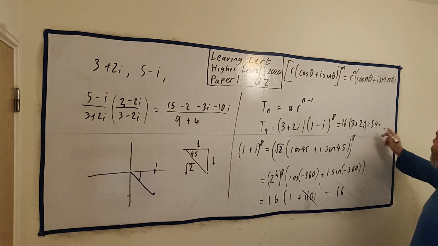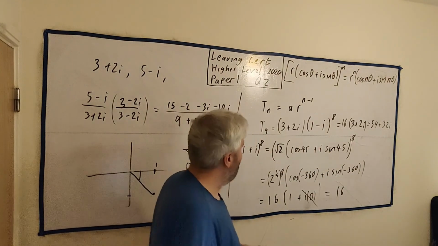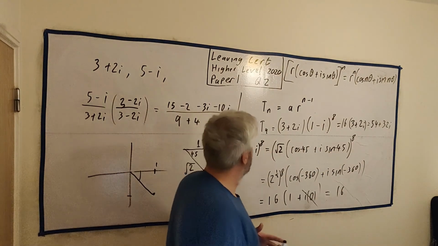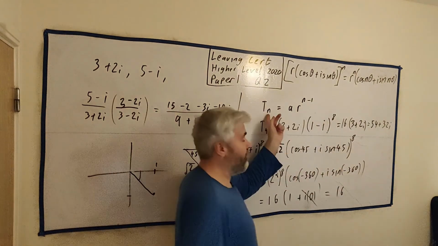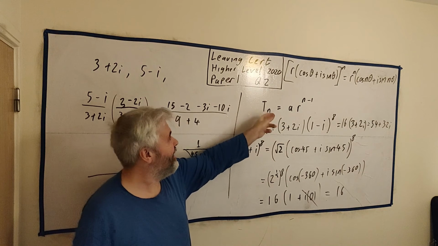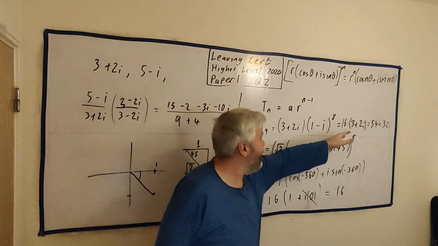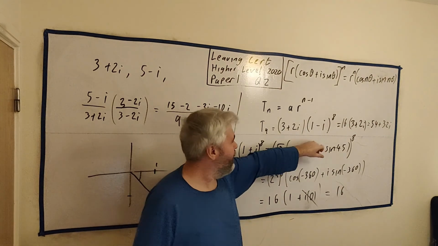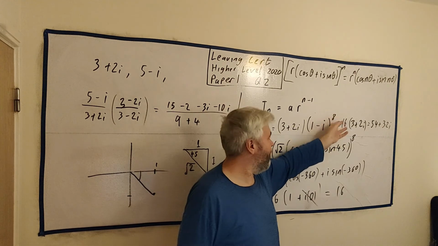Plus 16 times 2 is 32i. So that is the ninth term of this sequence. We did that using the equation for sequences, and what we needed De Moivre's theorem for was to get the power of 8 of a complex number.